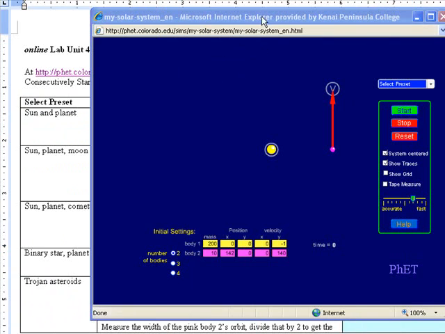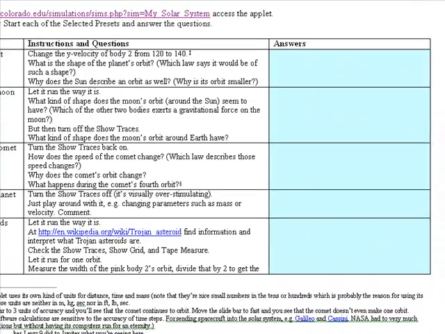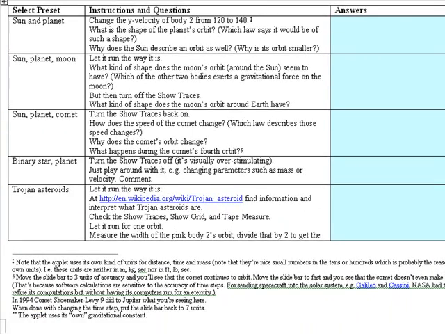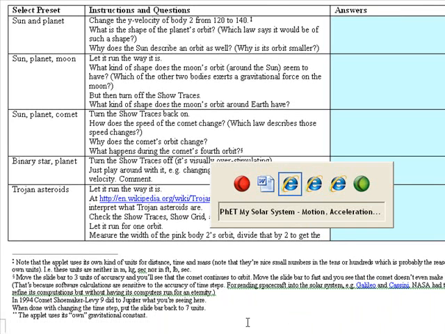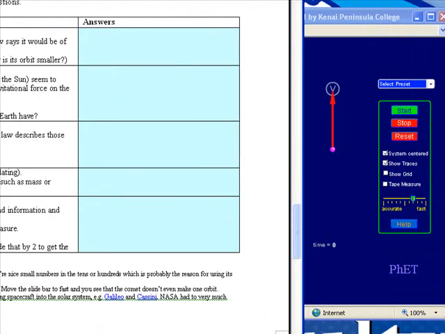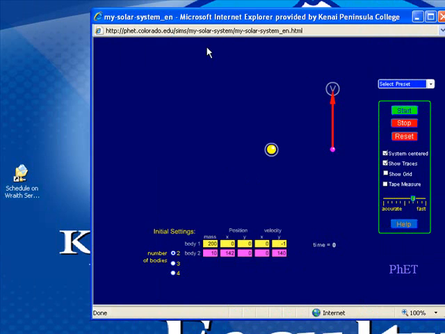Okay, let's see what it says we're supposed to do. As I said, I'm going to do just a couple of examples. I don't think I'll be able to fit everything in here. There we go. I'll actually leave this off the screen so I can read it myself.